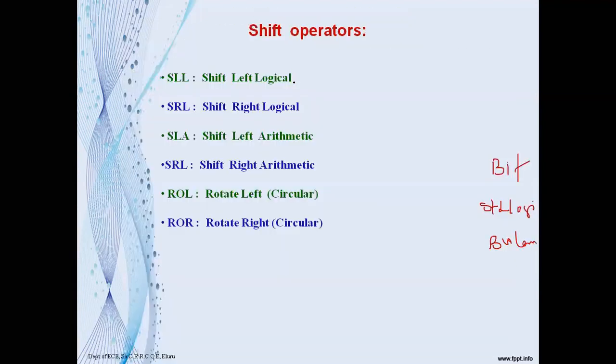How are these operations distinguished? SLL and SRL, shift left logical and shift right logical, are one pair. Shift left arithmetic and shift right arithmetic are another pair or group, and rotate left and rotate right is another group.